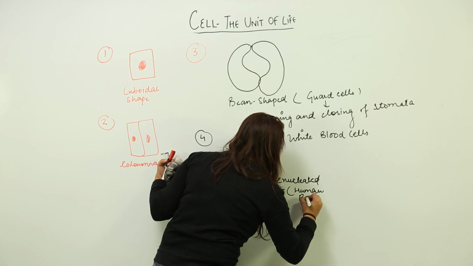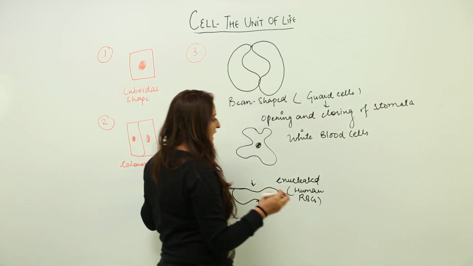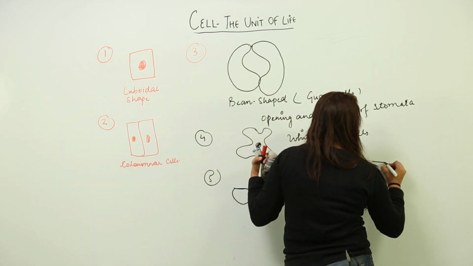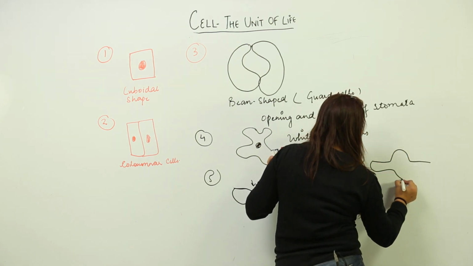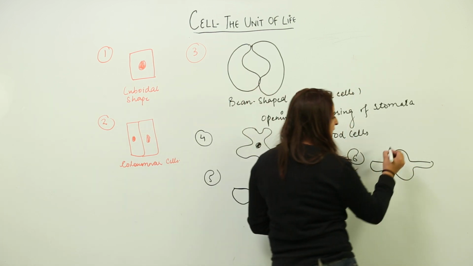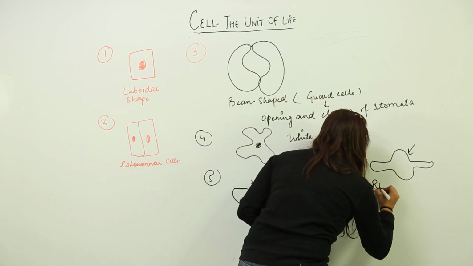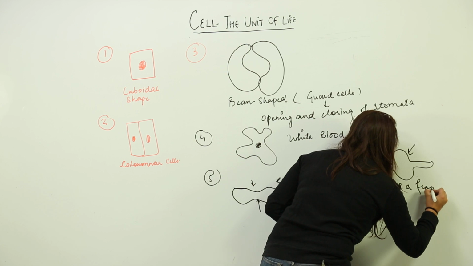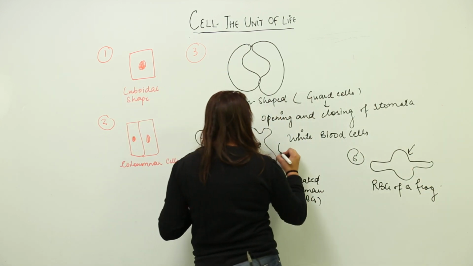But the RBC of frog is different because it has a prominent nucleus, and that's why it has a protrusion. There is a prominent protrusion in the center. The reason for this bulging out is that a prominent nucleus is present, and this is the RBC of a frog. So white blood cells come in amoeboid shape.